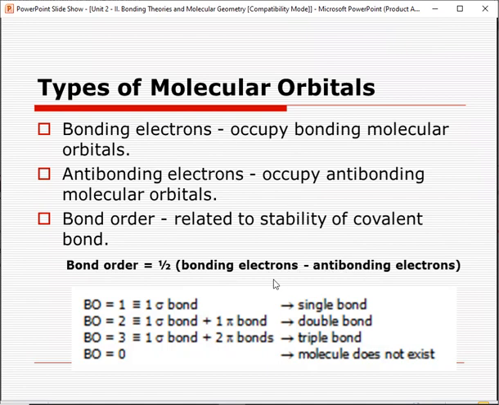So if you have one bond order na kay isa ka sigma bond, so that is single bond. But kung duha imong bond order na kay isa ka sigma bond and isa ka pi bond, so meaning na kay double bond. So kung tulo imong bond order na kay isa ka sigma bond and duha ka pi bond, so that is the triple bond. But kung wala kay or zero imong bond order, molecule does not exist.